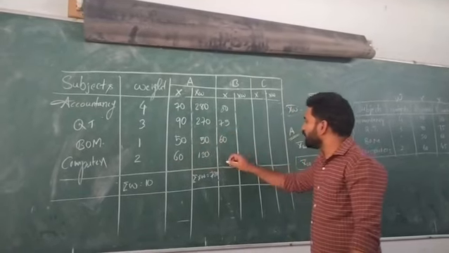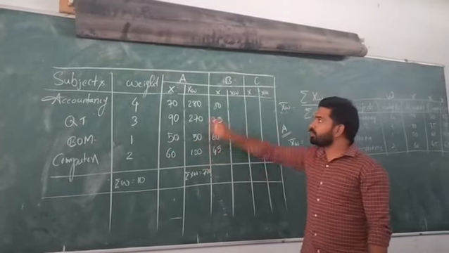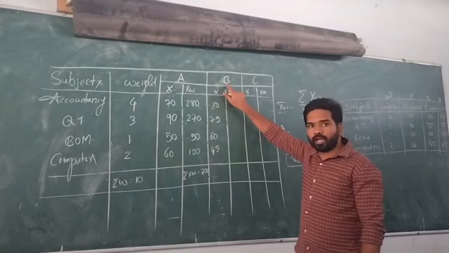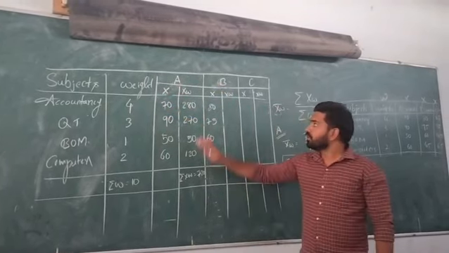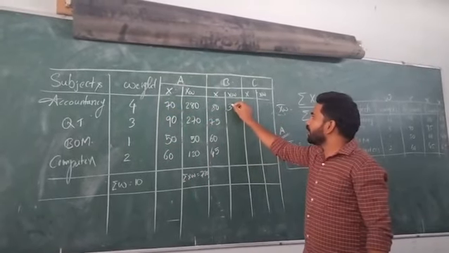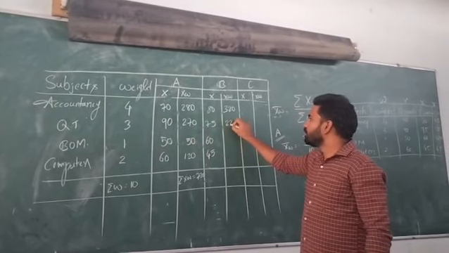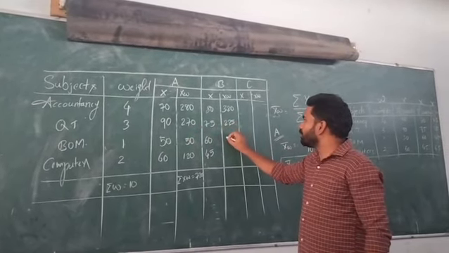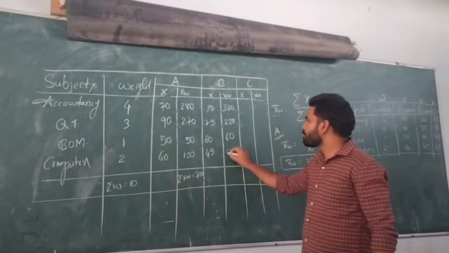In computers he got 45 marks. So the marks obtained by student B should be multiplied with the weights. 80 into 4 equals 320, 75 into 3 is 225, 60 into 1 is 60, 45 into 2 is 90.